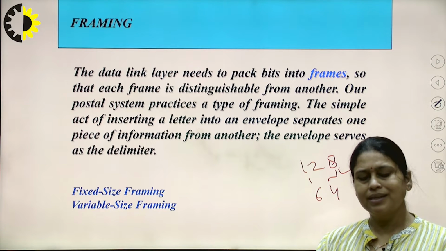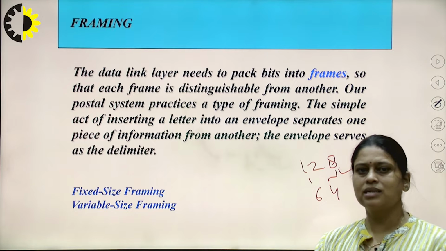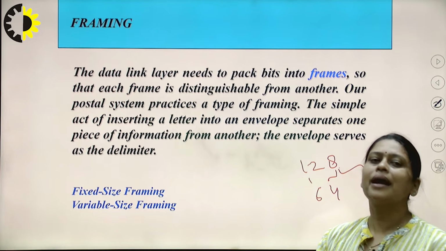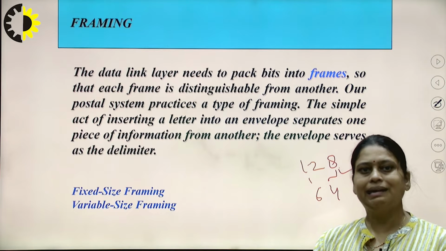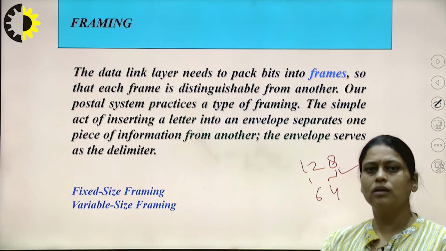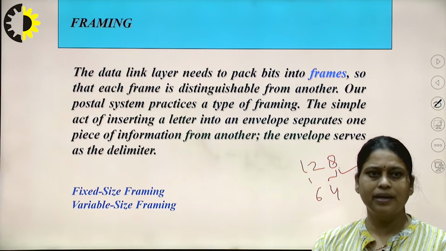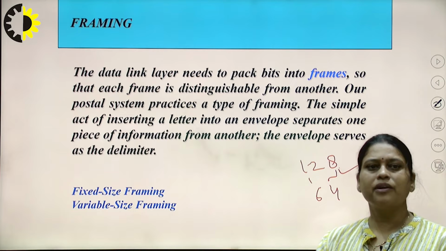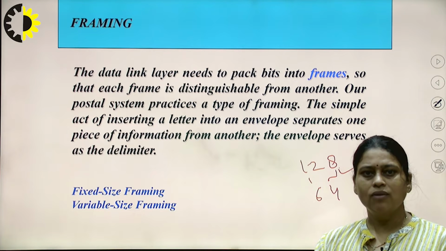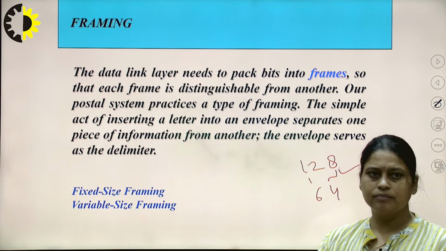Just like in a postal system, we write some information into the letter and put that letter into a separate envelope, which is totally separate from another. So, the envelope serves as a delimiter.